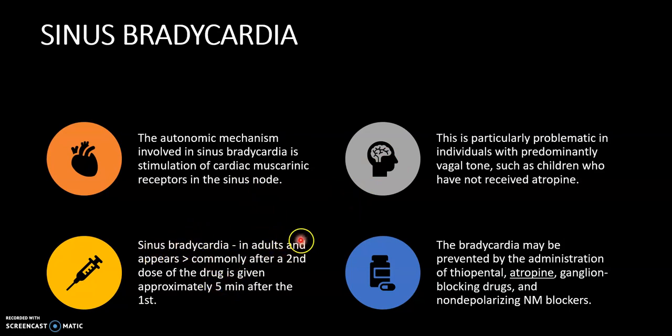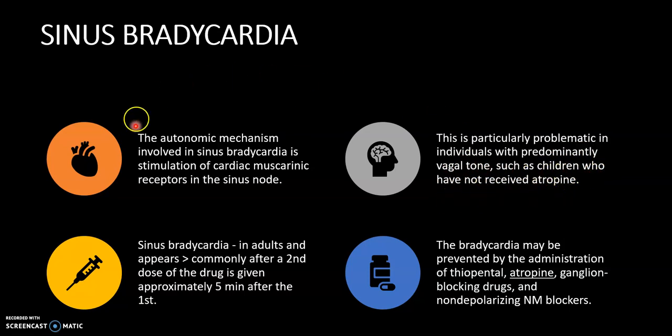In adults, this condition appears more commonly after a second dose of the drug is given, approximately 5 minutes after the first. That's when we usually see the sinus bradycardia, and this is particularly problematic in patients with predominantly vagal tone, such as children who have not received atropine.